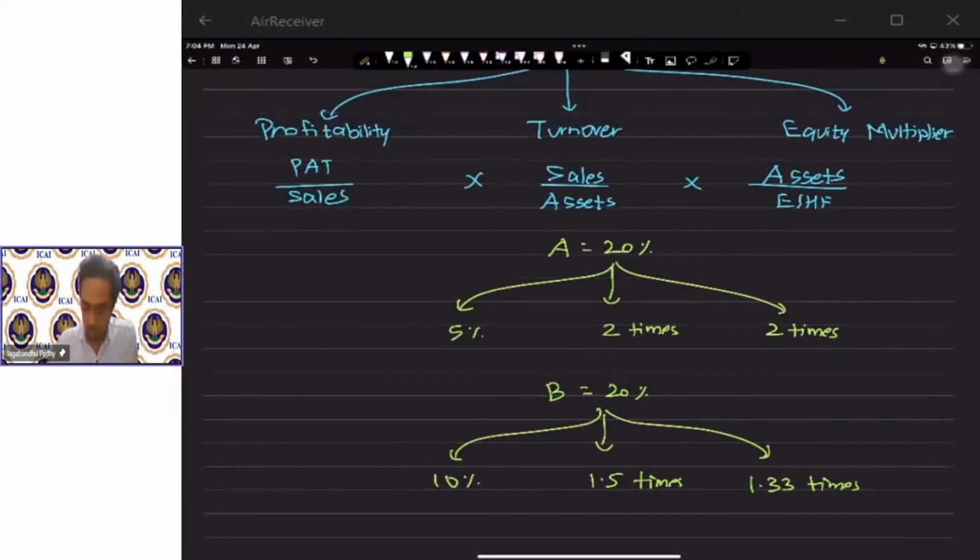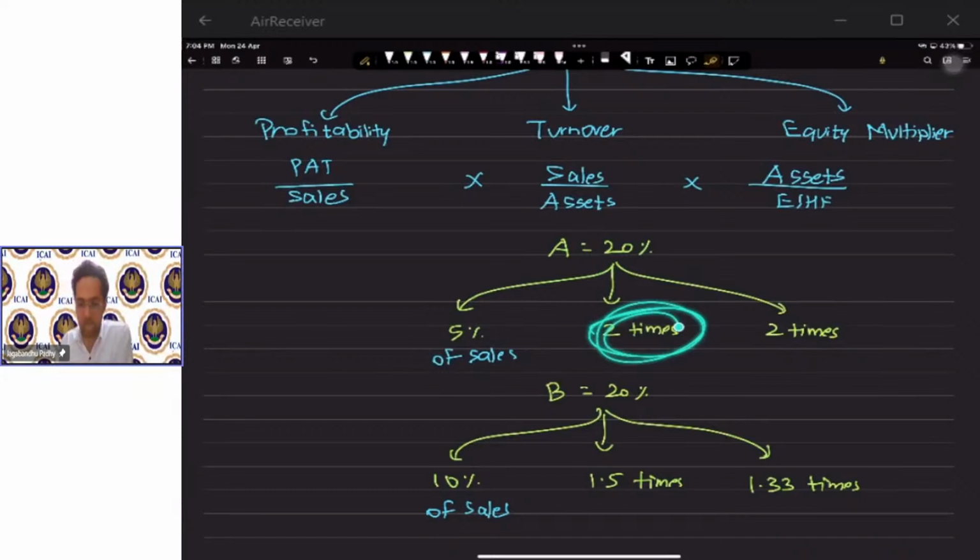Okay, so if I compare both companies' performance, company A is having a 5% profitability as a percentage of sales. A is actually having a less margin. The margin is thin for A, whereas the margin is substantially better for B. For B, the margin is 10%. But A is actually compensating for this lower margin by having a greater turnover.